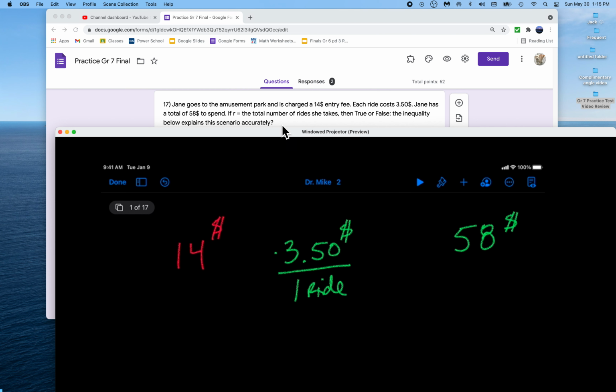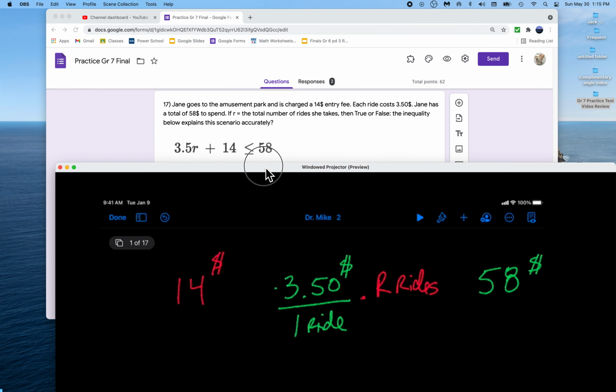If R equals the total number of rides, then true or false? The inequality below explains this accurately.